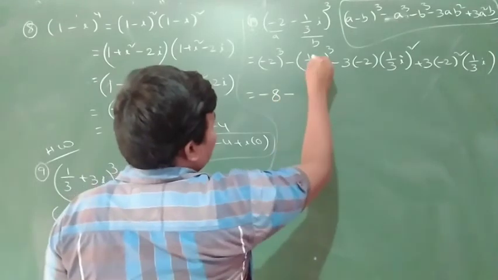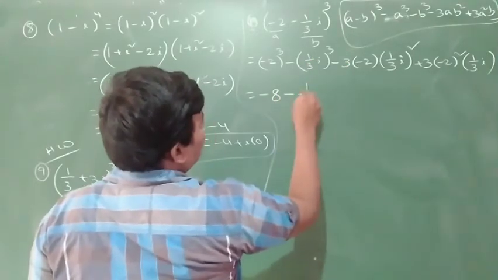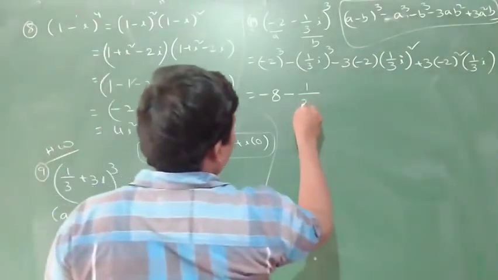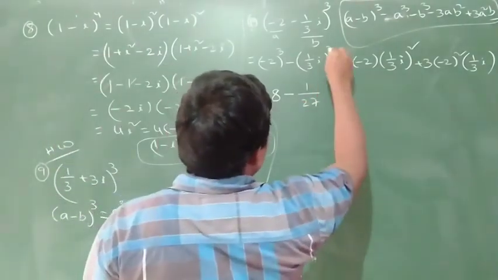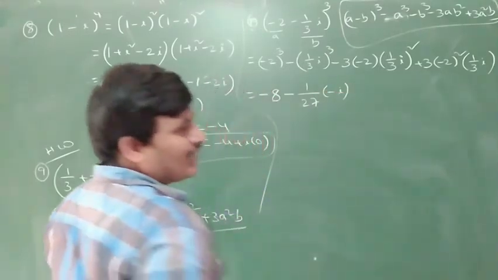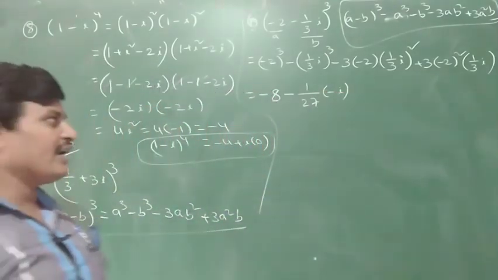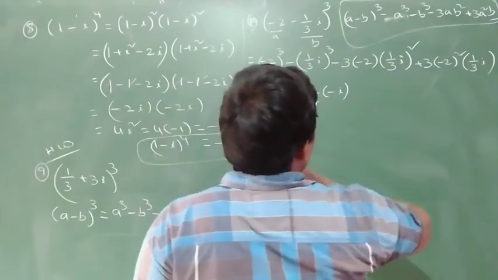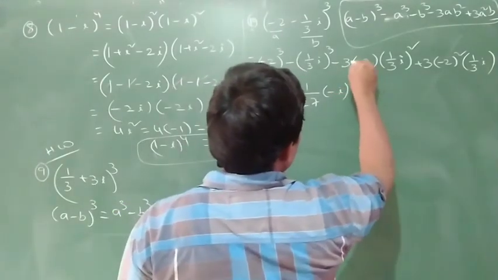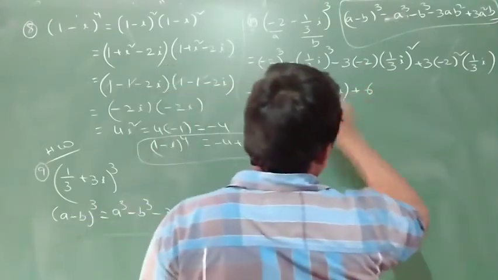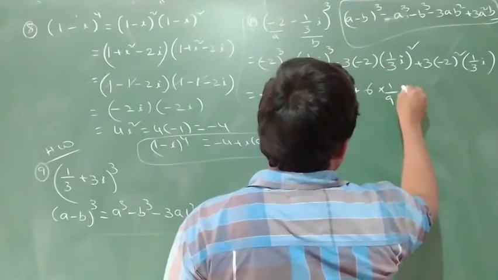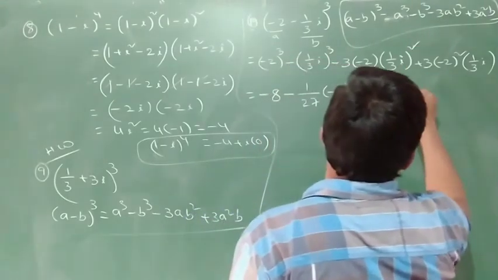So minus 1 by 3i whole cube: 3 cube, 3 into 3 into 3 is 27, 27 i cube. Minus i cube is equal to i square into i, which is minus i. Next, 3 into minus 2 is minus 6, minus into minus plus, 3 into 2 is 6. 1 by 3 whole square is equal to 1 by 9, and i square value is minus 1.